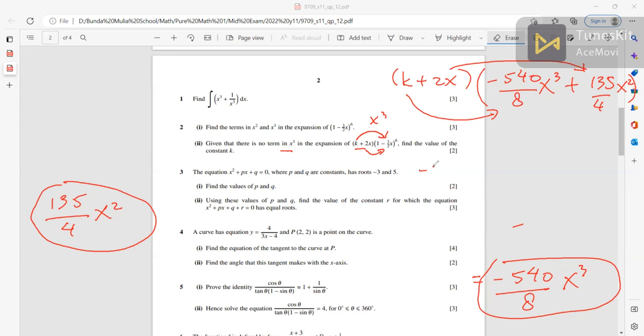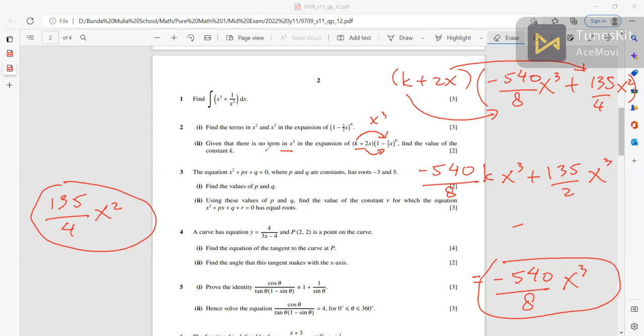So I have minus 540 over 8 k x cubed plus 135 over 2 x cubed. So what must k be?